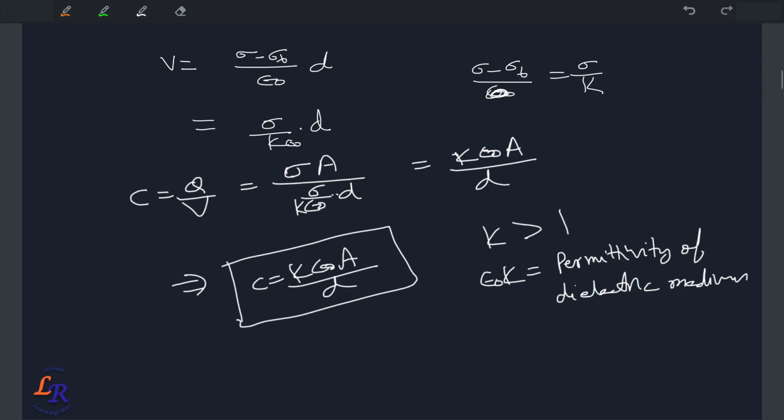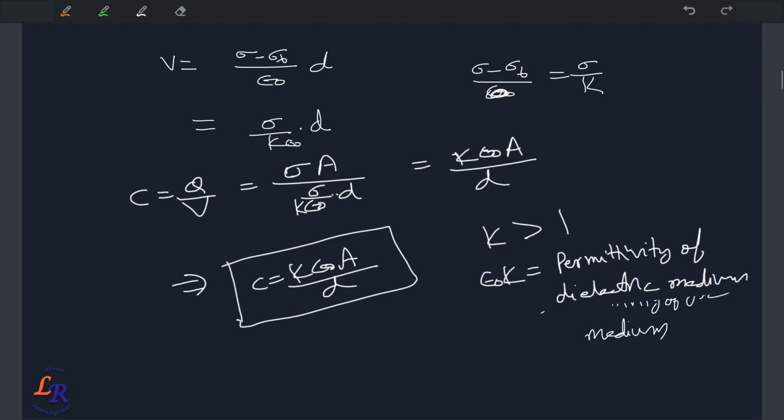Solving this, you get k epsilon 0 A upon d. So you see that your capacitance has gone to k times epsilon 0 A upon d, where k is greater than 1. Now we have a new equation where this factor comes in, which we call the permittivity of the medium.